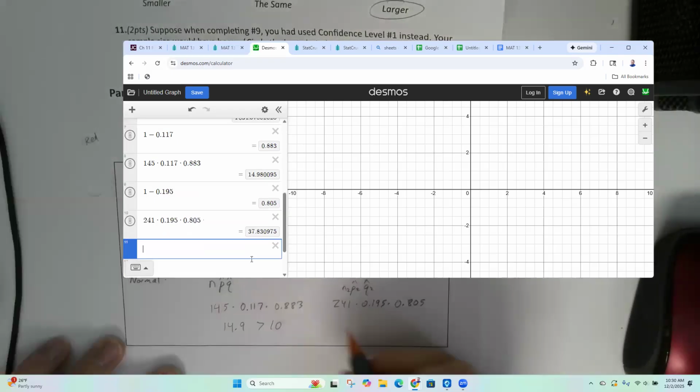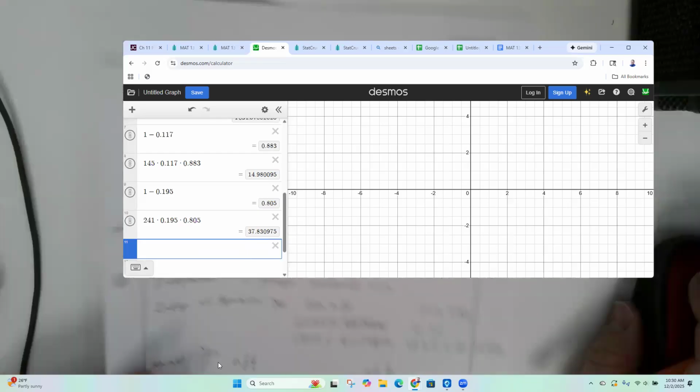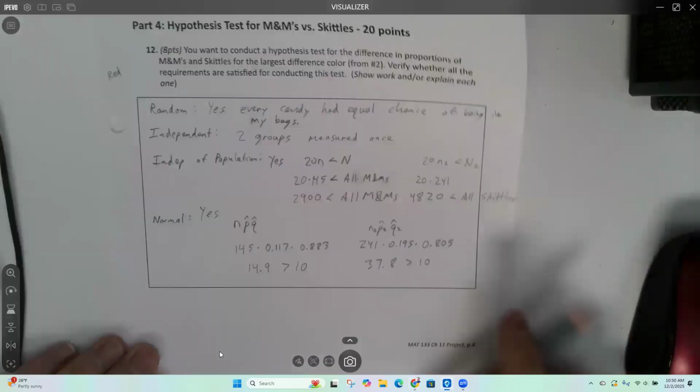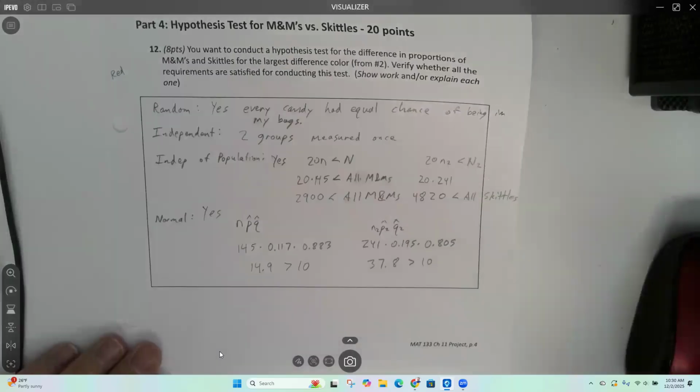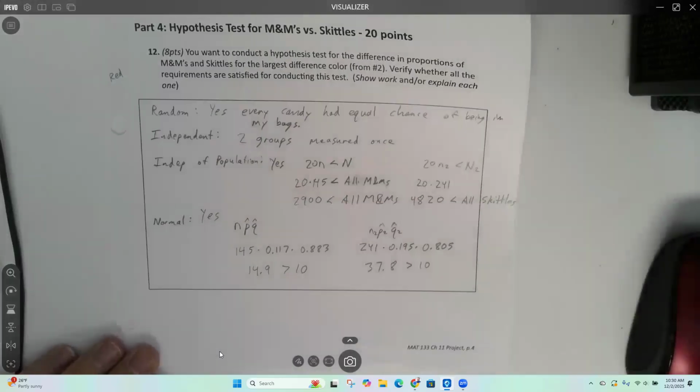All right. 7.8 is bigger than 10. So yes. Now your numbers are going to be different, of course. That's the same concept. All right. We get all yeses, we can move on.